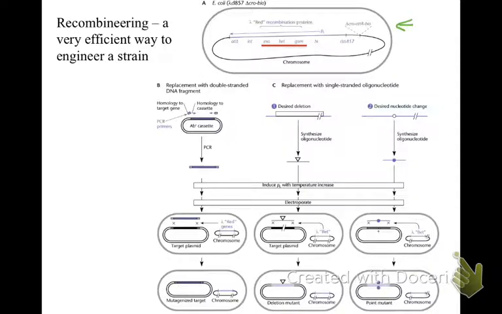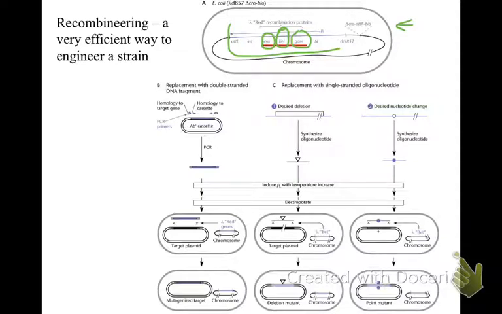So here we've got a lambda prophage, a virus that's integrated onto the chromosome, and we've got 3 genes of interest: EXO, which is an exonuclease, BET, which will encode a RecA-like protein, and GAM, which will encode an inhibitor of the host RecBCD proteins, because remember, RecBCD, that complex of proteins, will degrade DNA, and we don't want to do that during this operation.